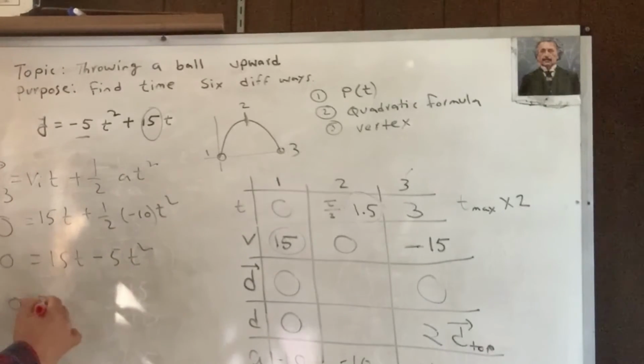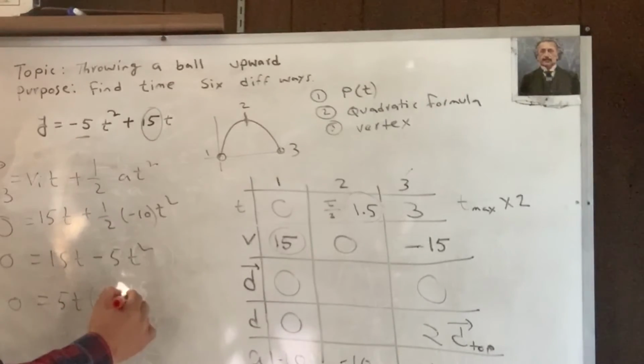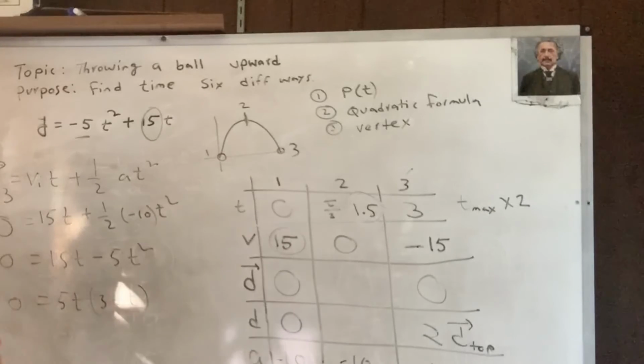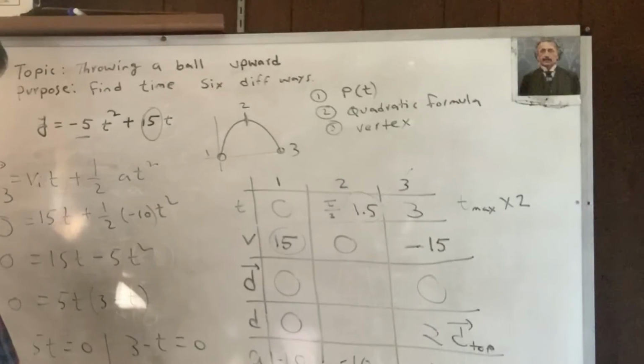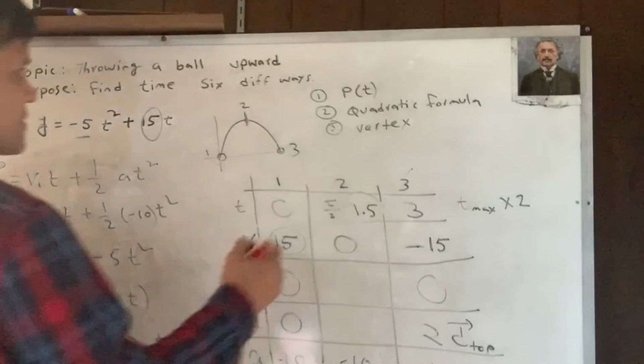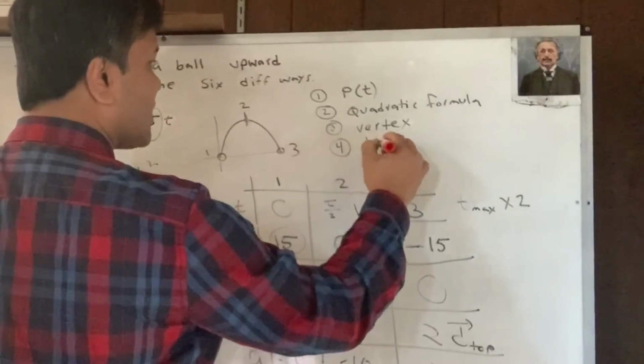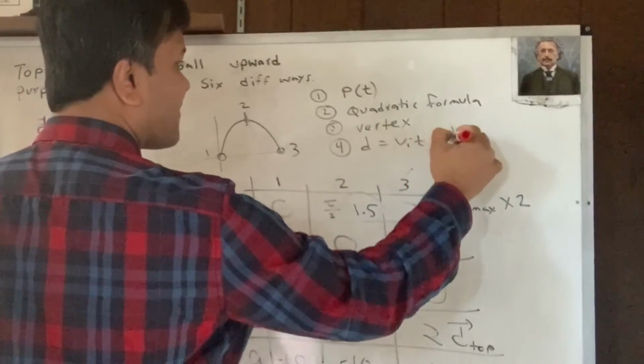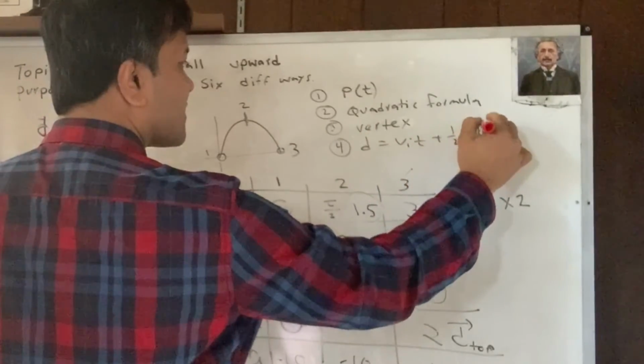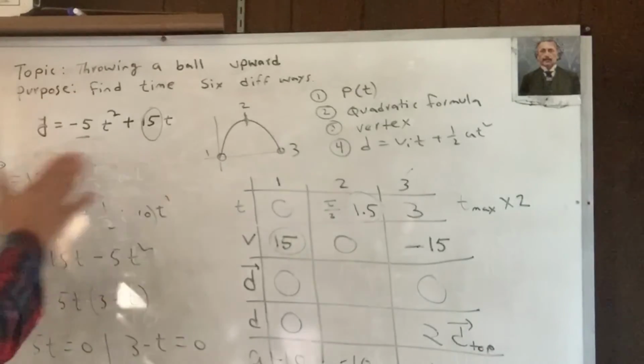That means you get 5t times 3 minus t. So you have 5t equal to 0 and 3 minus t equal to 0. So you get 0 and you get 3. So yes, you can use d equals vit plus half at squared.